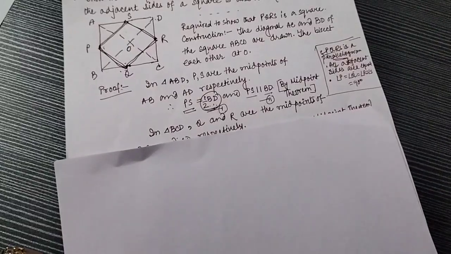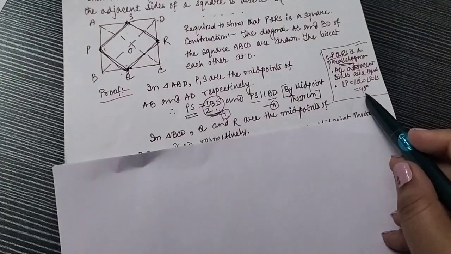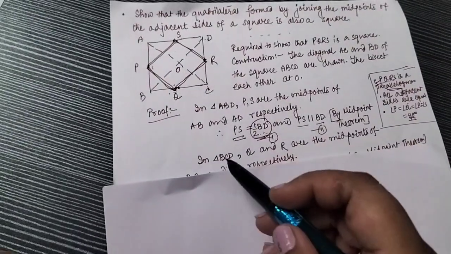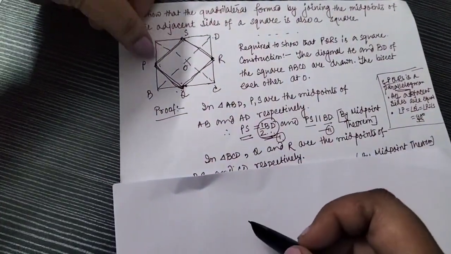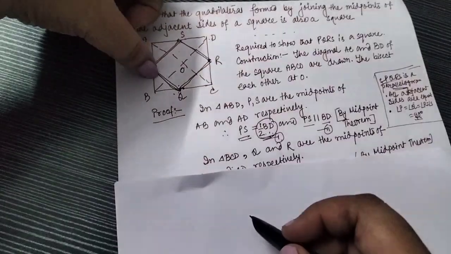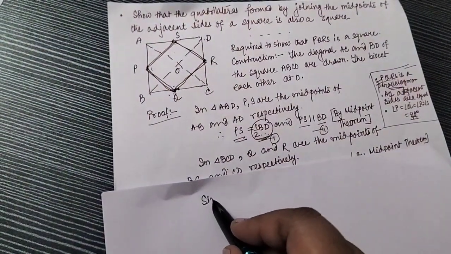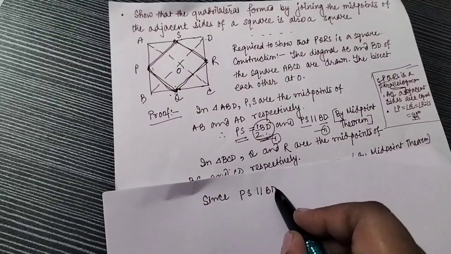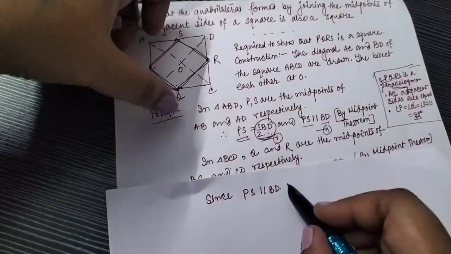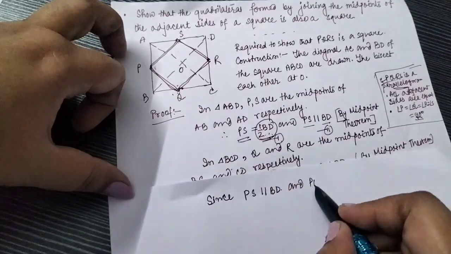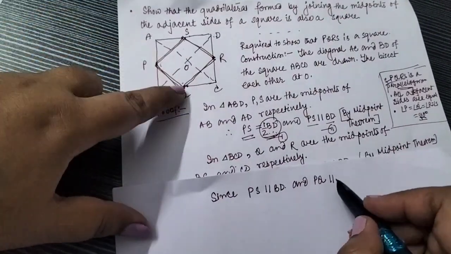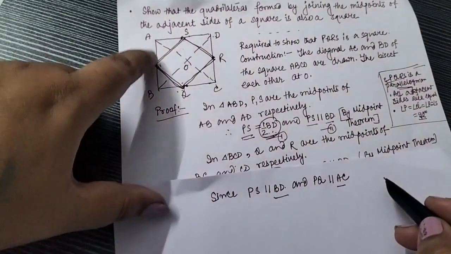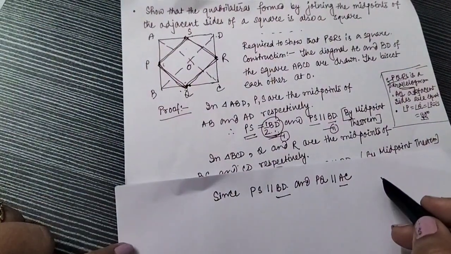Now let's consider the third part, where we have to show each angle is equal to 90 degrees. How to show this? Look, we have already seen that PS is parallel to BD, and PQ is parallel to AC, where BD and AC are the diagonals of the square ABCD.